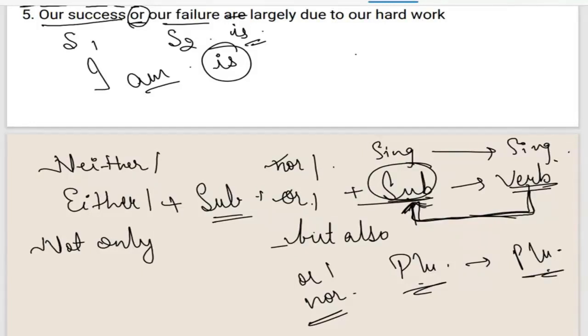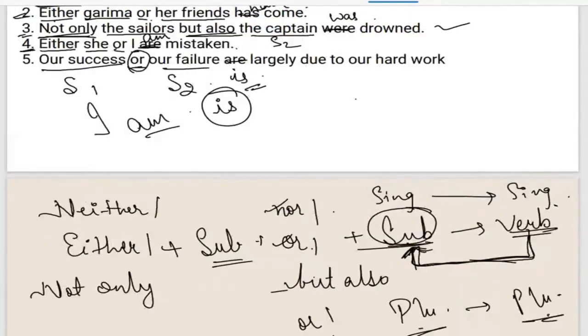So that is what we are doing in sentence number 5. The conjunction is or, the first subject is our success and the second subject is our failure. Now our failure is singular and we know that the verb agrees according to the second subject. So according to it, we are changing the verb into a singular verb.